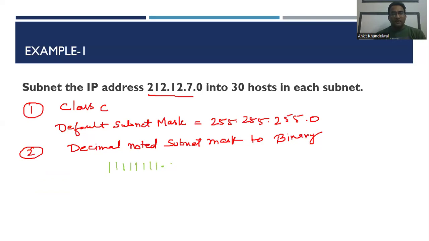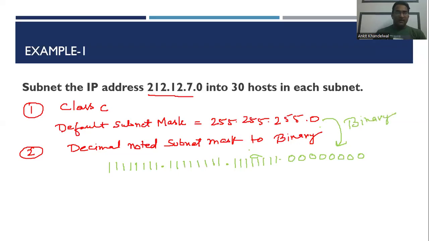This is the first octet. Then in the second octet, again we have the value 255. That's why again 8 ones will be there. 1 2 3 4 5 6 7 and 8. Then in the third octet, again we have 8 ones, 1 2 3 4 5 6 7 and 8. And in the last octet we have 8 zeros, 1 2 3 4 5 6 7 and 8. So we have converted this particular subnet mask into a binary format.